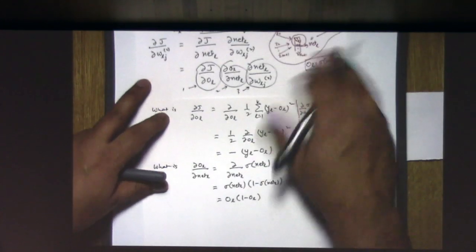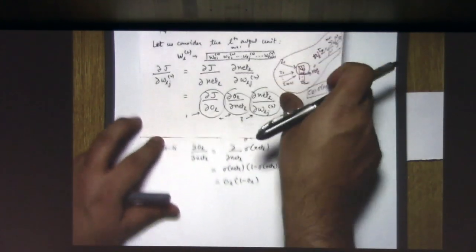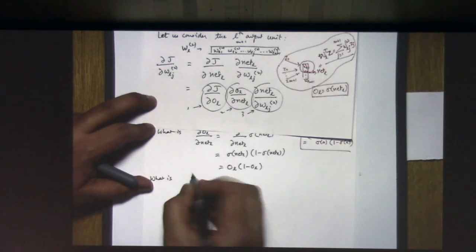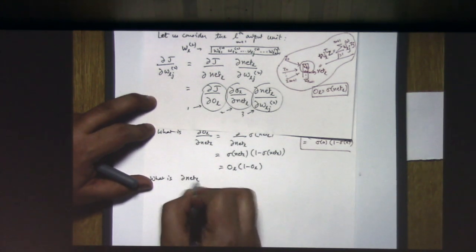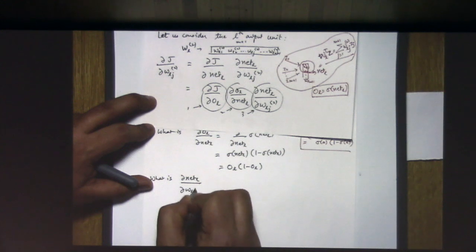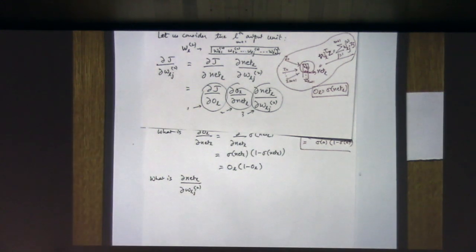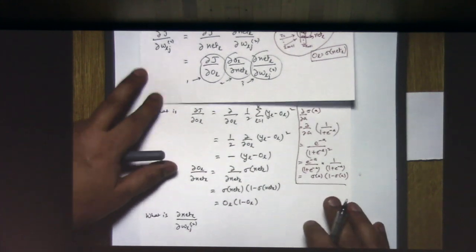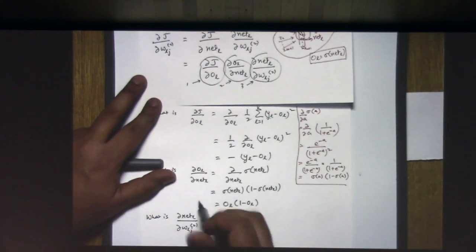Then we need the third. Third is this thing. So what is d of net_L by d of W_Lj? Okay, so we need to compute this.